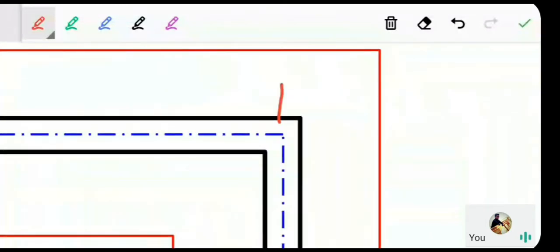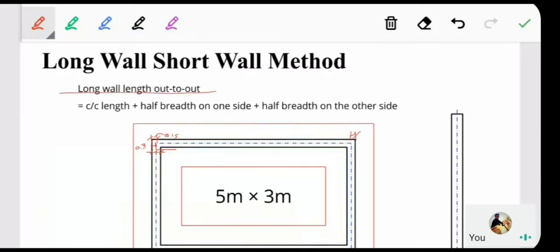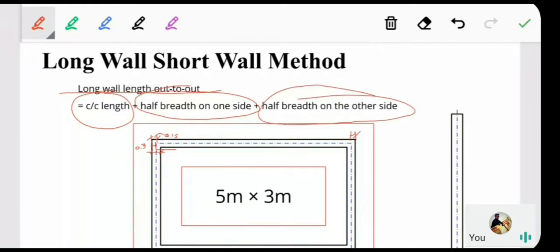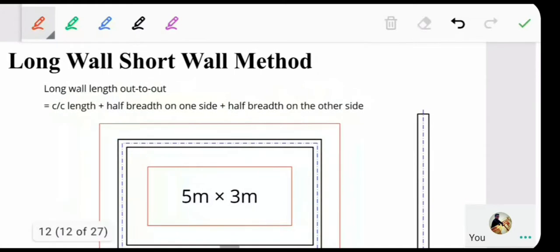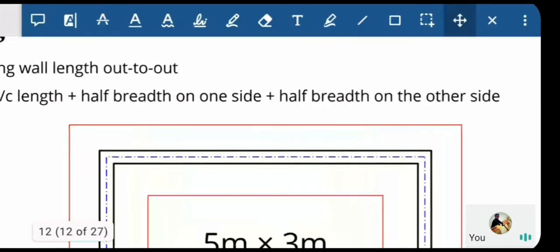So the long wall length out to out will be the center to center line length plus half breadth on the one side plus half breadth on the other side. This will give us the out to out calculation of the particular item of the work.